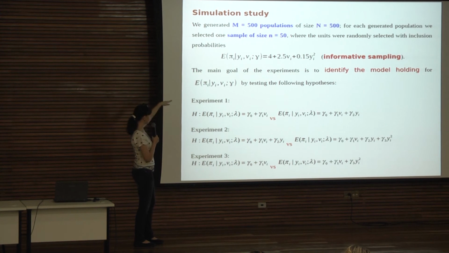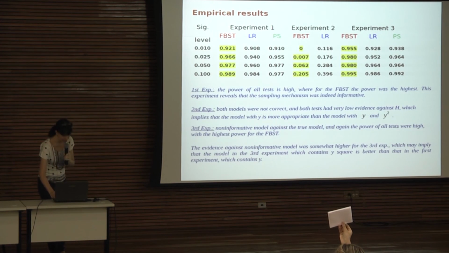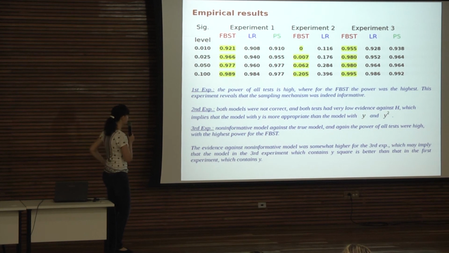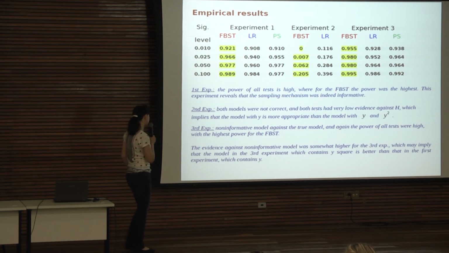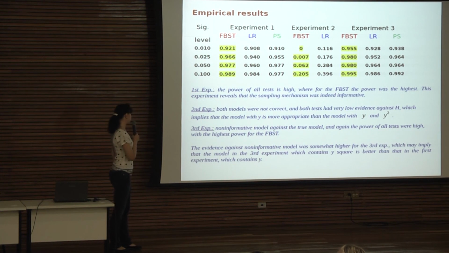We utilized the model with y² only, and the results obtained imply that the model with y is more appropriate than the model which contains both y and y². In the third experiment, non-informative model against the true model, and again the powers of all tests were very high, with the highest power for the full Bayesian significance test.